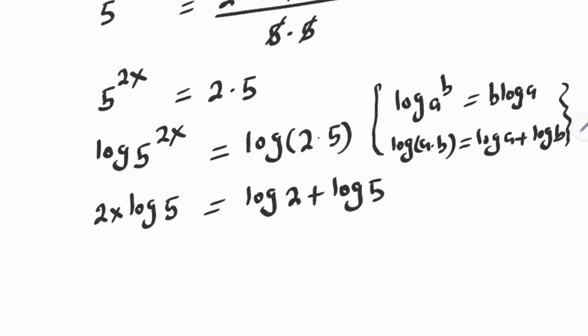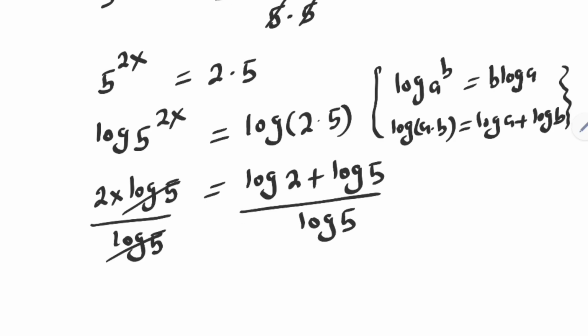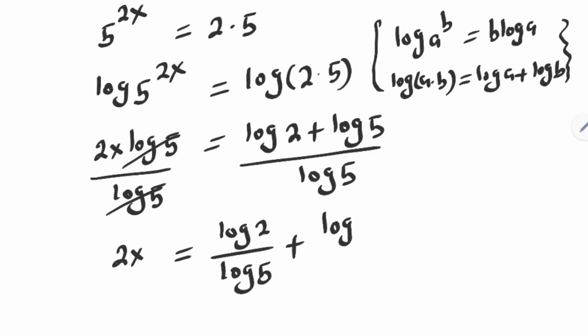Let's divide both sides of this equation by log 5. This divided by log 5 and this divided by log 5. This log 5 cancels this log 5. 2x is equal to, we can split this, we have log 2 over log 5 plus log 5 over log 5.